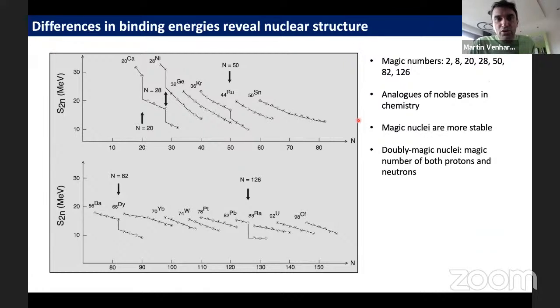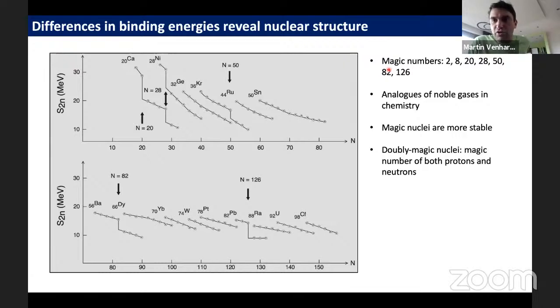Okay, so then what you can do if you measure the energy that you need to separate 2 neutrons, you see markedly jumps at N equals 20, 28, 50, 82, and 126.